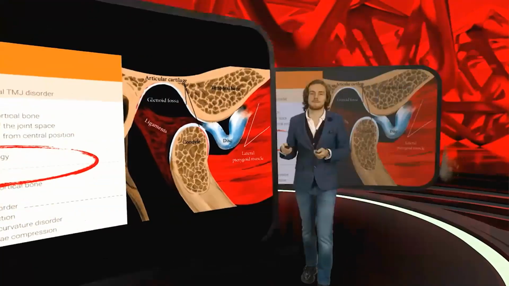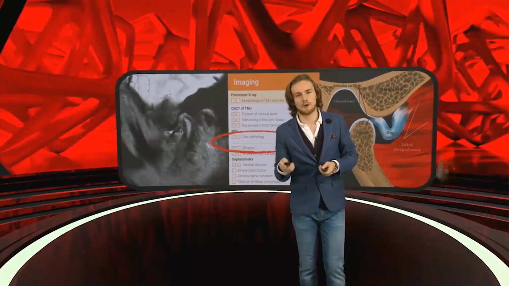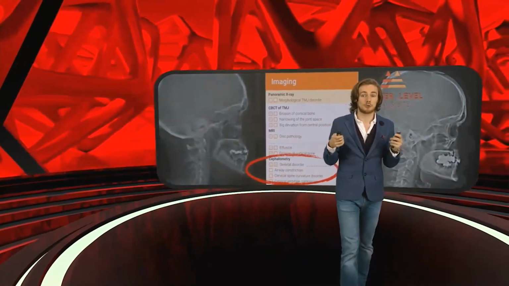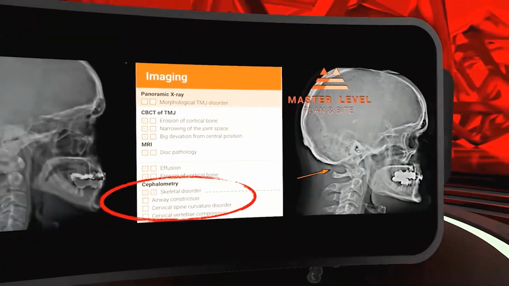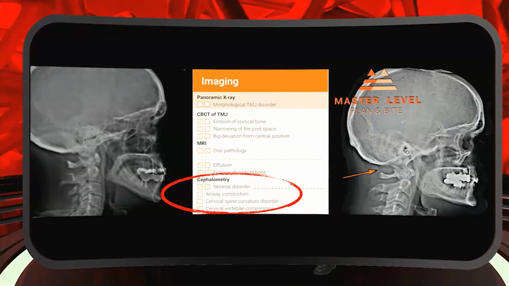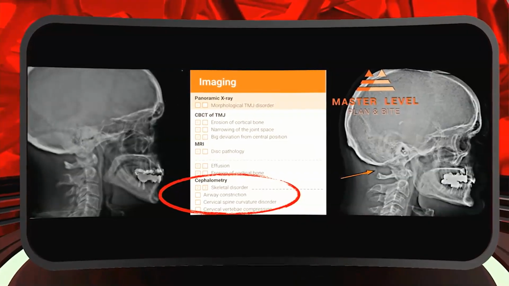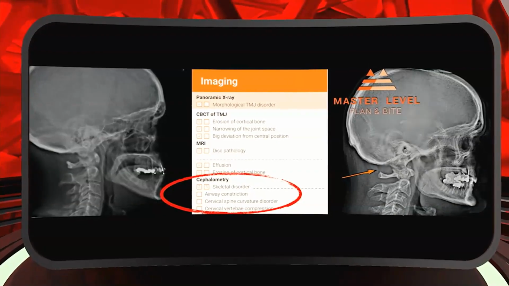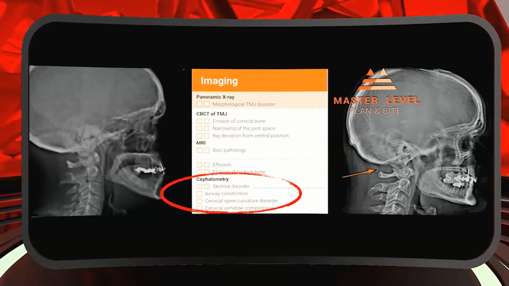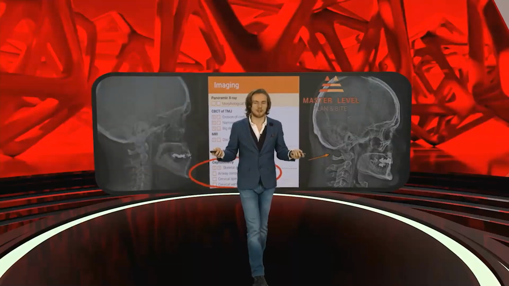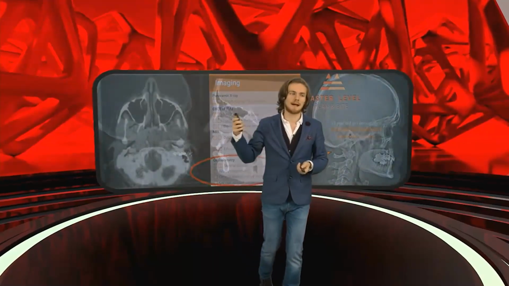This is very important to know how to read the MRIs, but it is also important to know how we read the cephalometric picture. What may be the consequences of increasing vertical occlusal dimension for the airways? What may be the consequences of increasing vertical occlusal dimension for the cervical vertebrae? How do we recognize the airways on the cephalometric picture, and how do we recognize them on the CBCT?